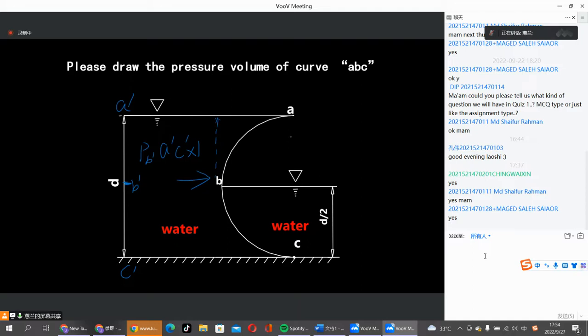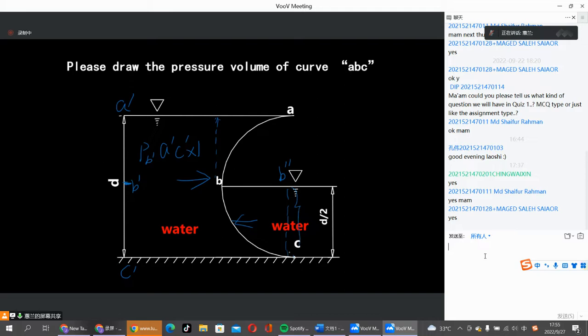How about the right water? The horizontal force by the right water. Sure, again for AB, there will be no force by the right water, right? So only BC. BC again, this is B'' for the right water.